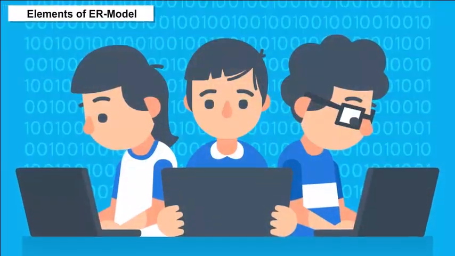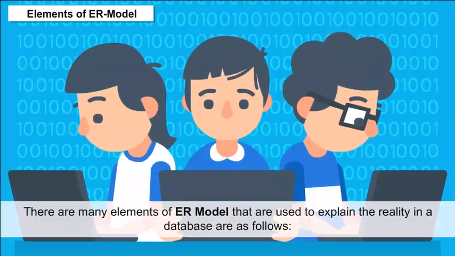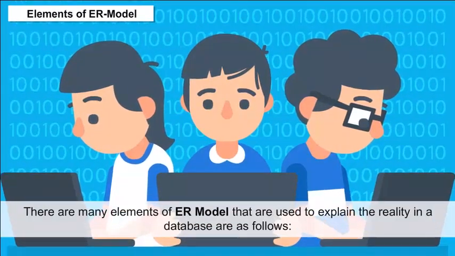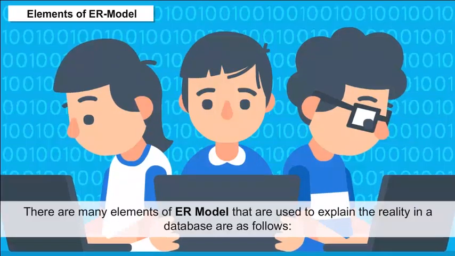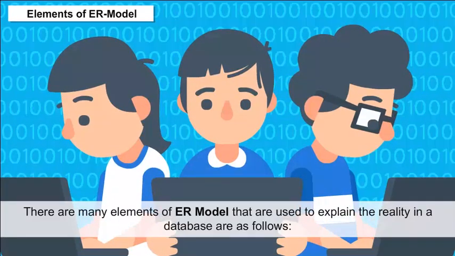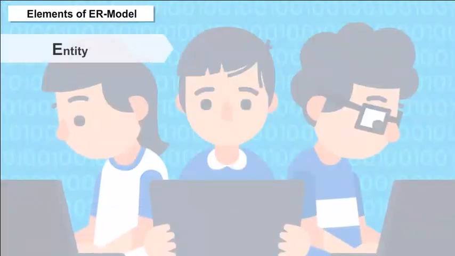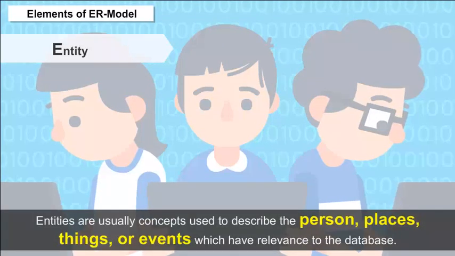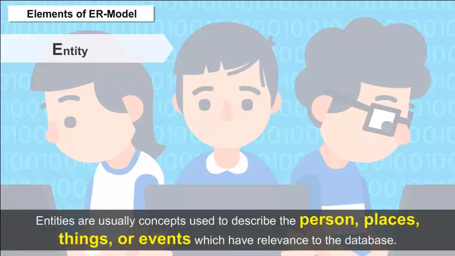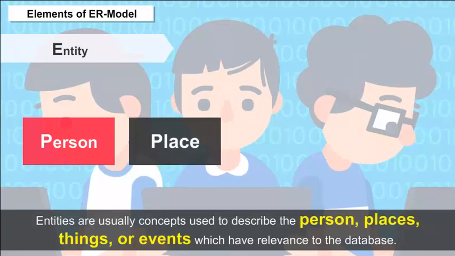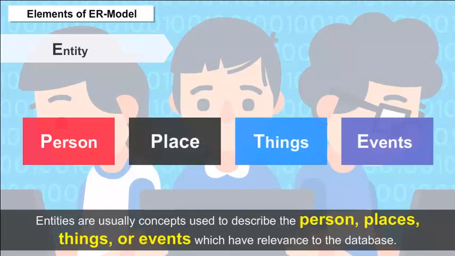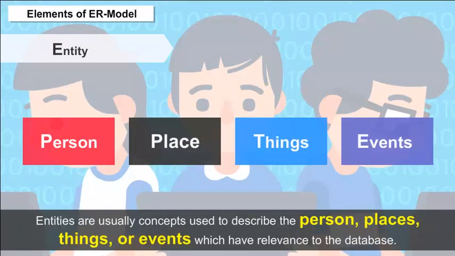Elements of ER model. There are many elements of ER model that are used to explain the reality in a database, as follows. Entity. Entities are usually concepts used to describe the person, places, things or events which have relevance to the database.